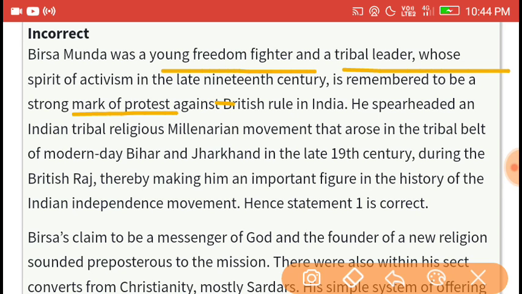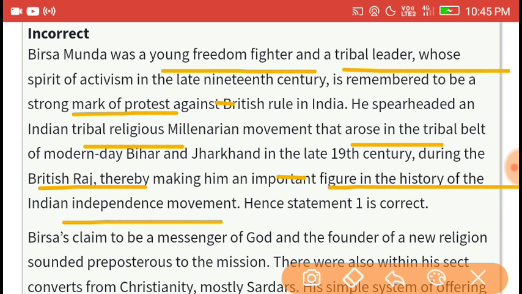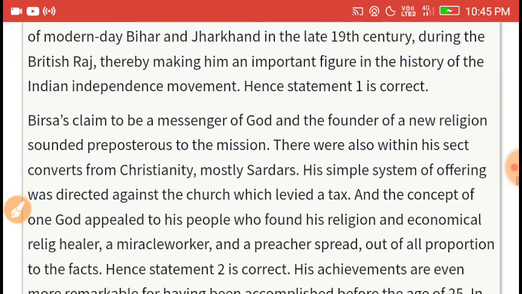In the late 19th century, he spearheaded an Indian tribal religious millenarian movement that arose in the tribal belt of modern-day Bihar and Jharkhand, during the British Raj, thereby making him an important figure in the history of the Indian independence movement. Hence, statement 1 is correct.